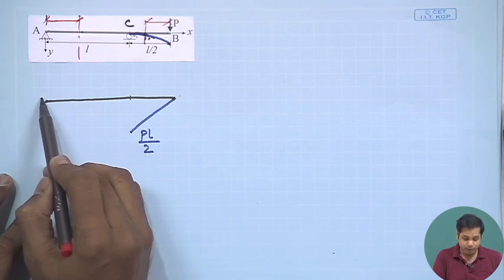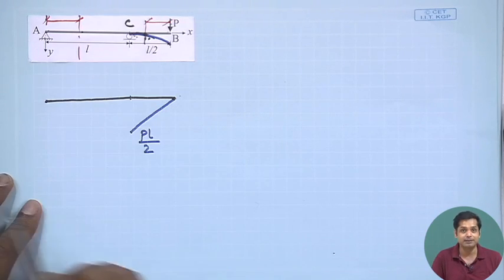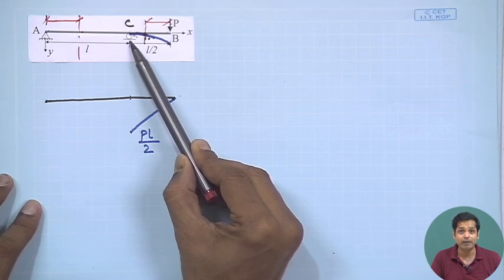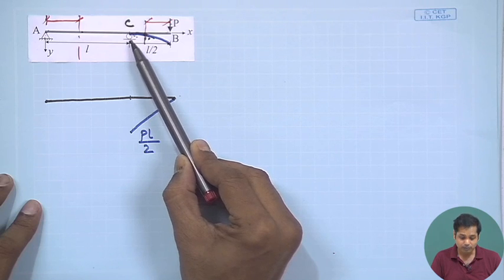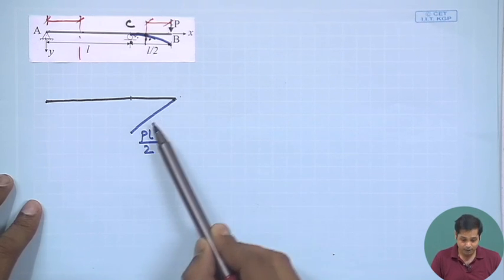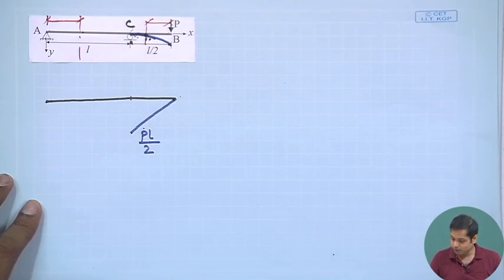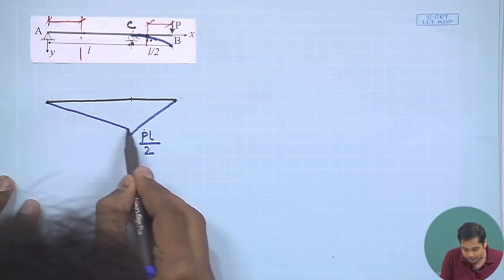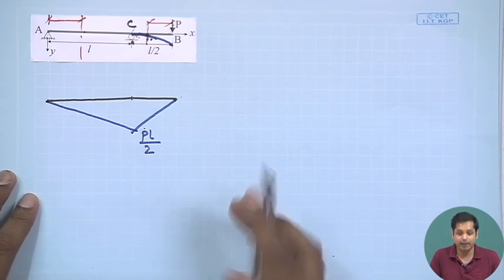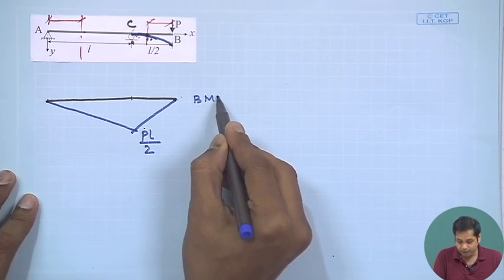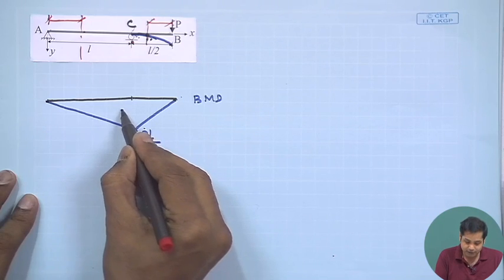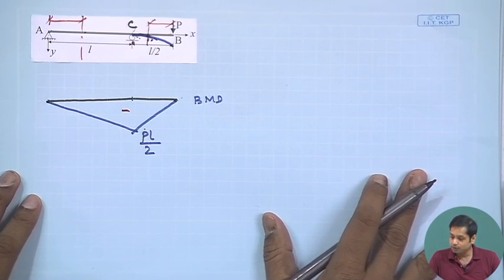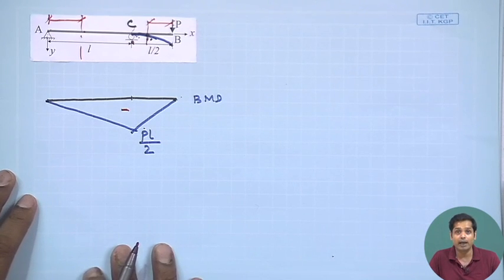So the bending moment will vary linearly between A and C. Since there is no externally applied moment, the bending moment will be continuous at C. So this is the bending moment diagram, and as per our sign convention, this is negative. Without any calculation, we could draw the bending moment diagram for this.